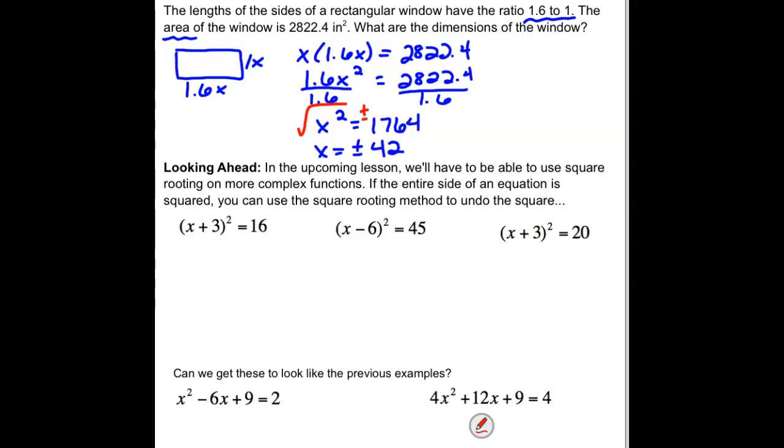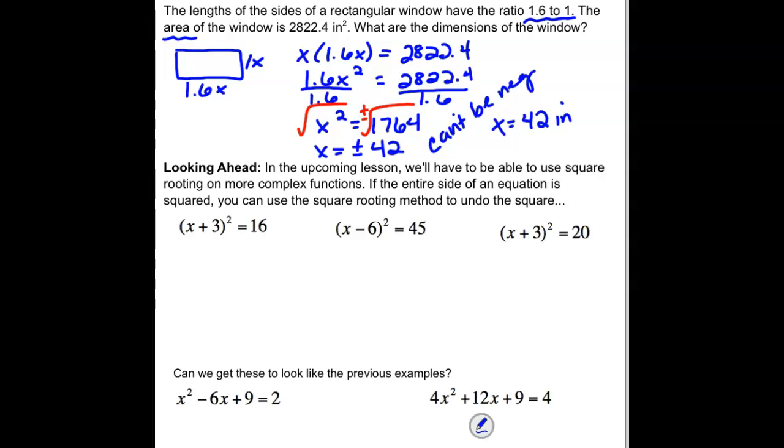Now, the one thing I want you to consider in this, we are talking about the dimensions of a rectangle. So because of the context being given, it really doesn't make sense to say our one side is going to be negative 42 inches. So it can't be negative if it's measuring the length of a side. So our only answer is that x is 42 inches.